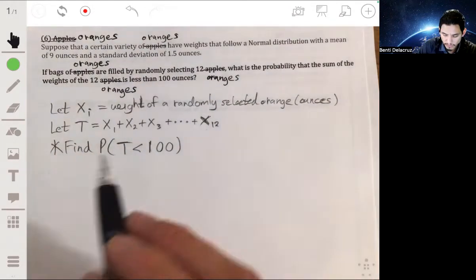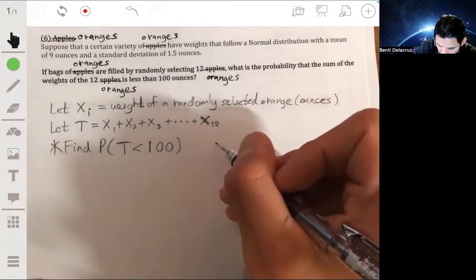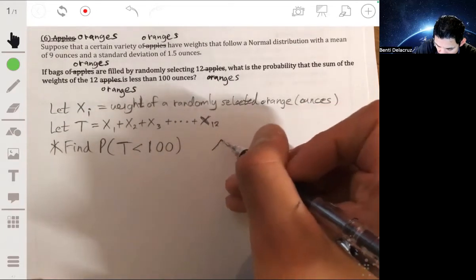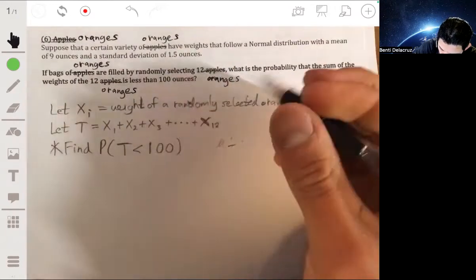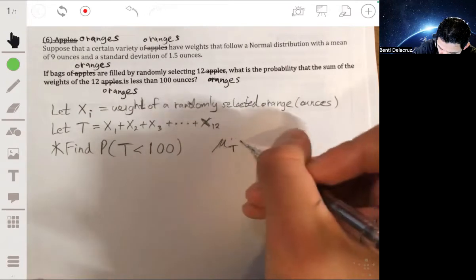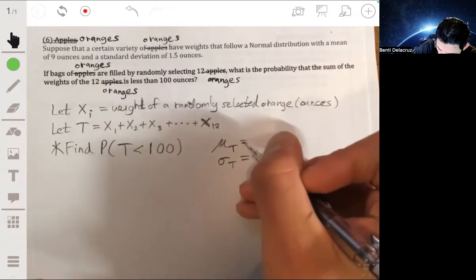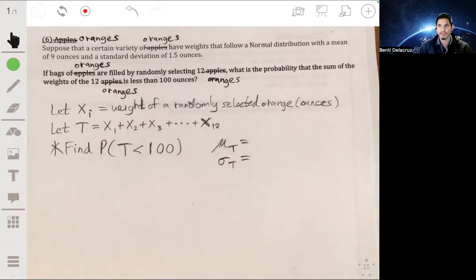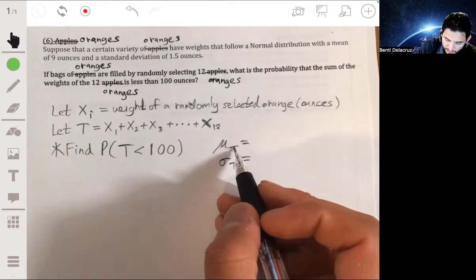Now, to find this, we're going to need to find the mean of t and the standard deviation of t. Once we know those, then we can use a normal distribution with the normal curve and table A to find the probability. So let's find first the mean of t.